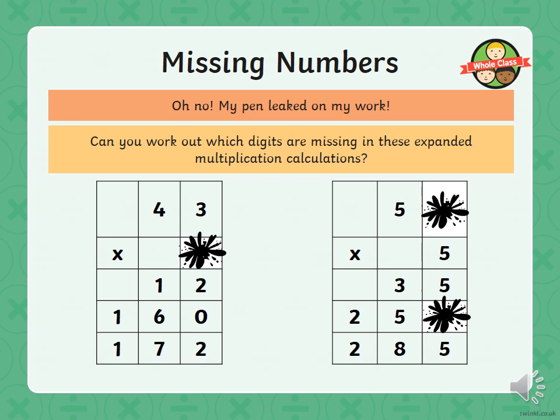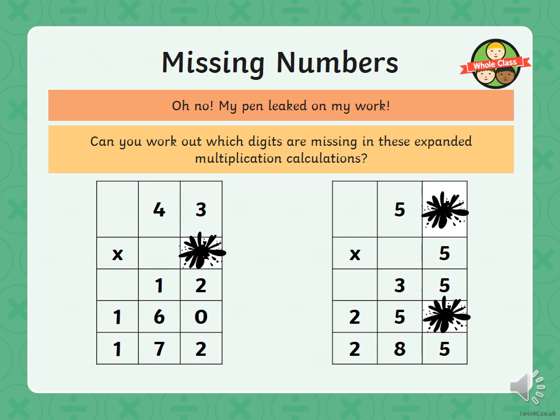Now we need to work out the next one. So 5 something times 5 gives us 285. So we start off with the ones. 5 times something gives me 35. So I count up in my 5 times table: 5, 10, 15, 20, 25, 30, 35.